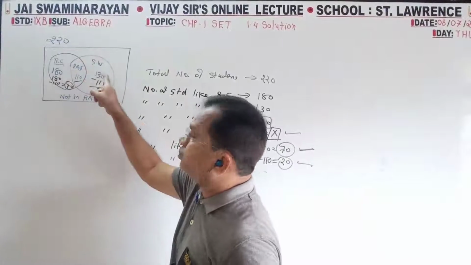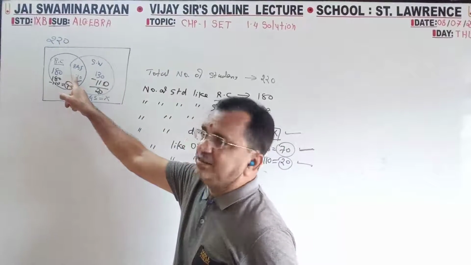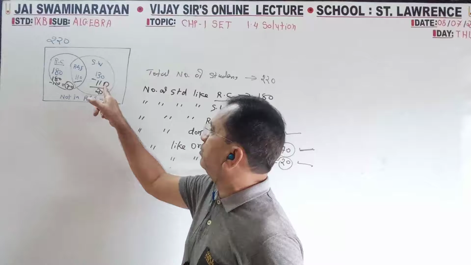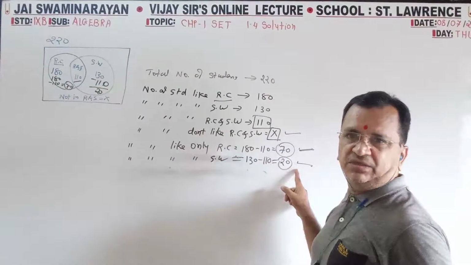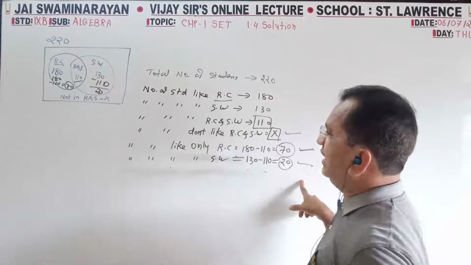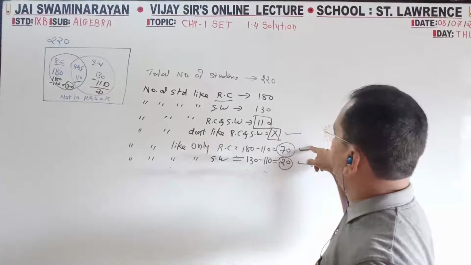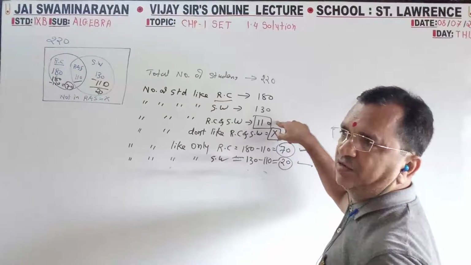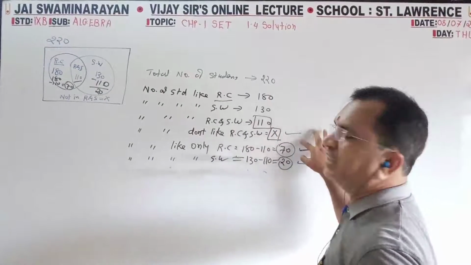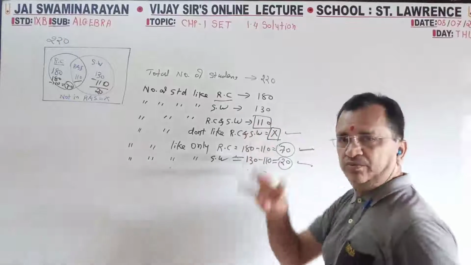Sky watching total 130 but 110 in both removed, so only 20 in only sky watching. Like both 110, don't like both X. So these are the 4 groups.